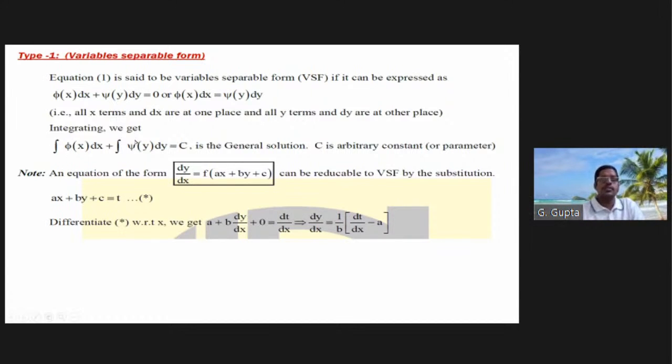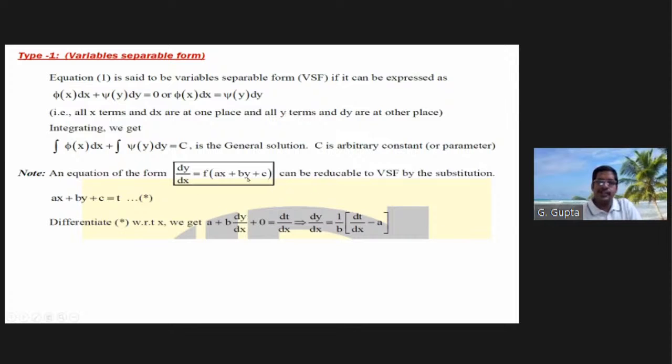Now, when we are unable, or it is difficult, to write the given differential equation into variable separable form, then there is a substitution method so that the given differential equation can be reducible to VSF. Not all the problems. When we have the given differential equation where the left side is dy by dx and the right side is a function of ax plus by plus c.